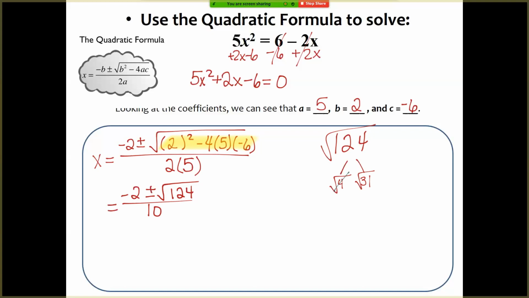And then I know the square root of 4 is 2. And then I'm going to leave the square root of 31 out at the end. So 2 times the square root of 31 is how the square root of 124 simplifies. So I'm going back to my problem and I'm going to fill that in instead of the square root of 124.